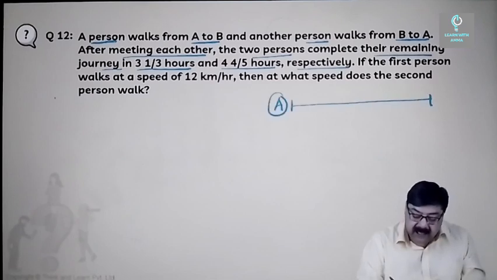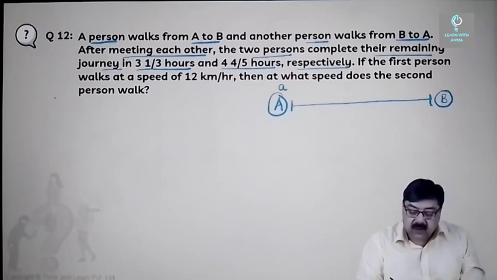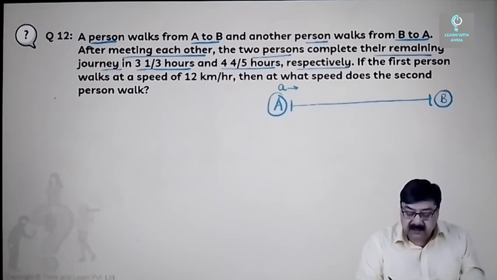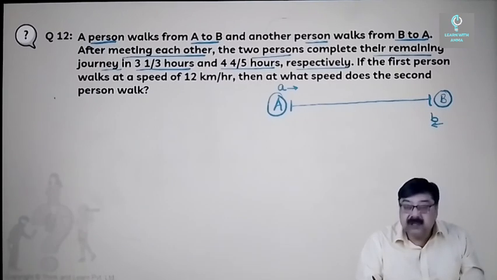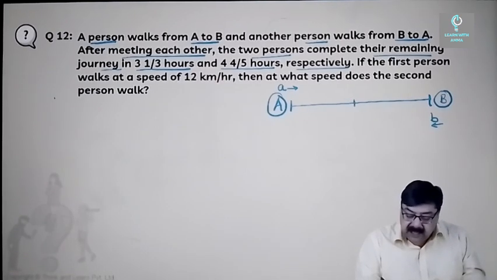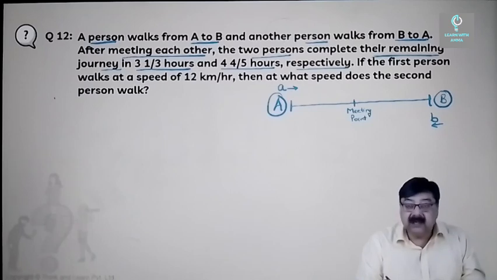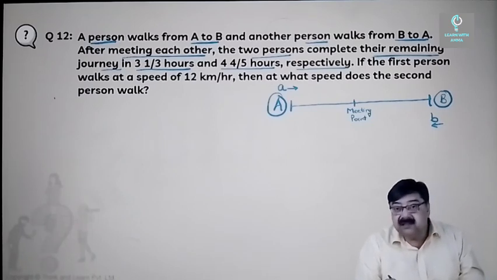This is point A and this is point B. Now a person, let us say this A, walks from A to B, and a person, let us say this lowercase b, walks from B to A. Let us assume that they meet at this point.